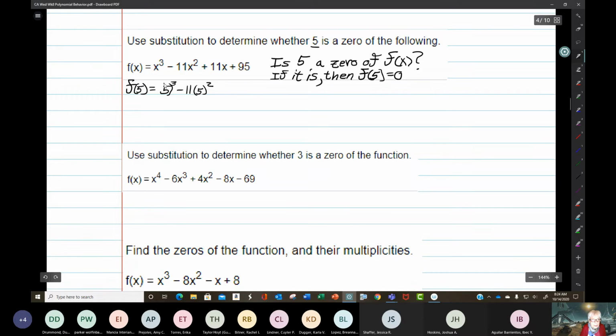So I really should put these in parentheses. Plus 11, 5 times 5 plus 95. If it equals 0, then 5 is a 0 of f of x. Later we'll talk about what it does and why I care. Yeah, it's important.